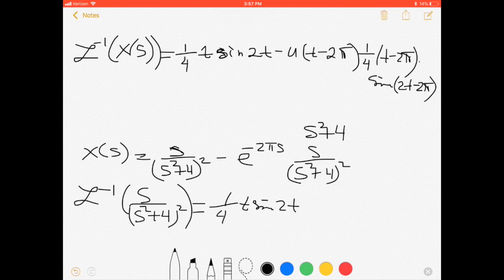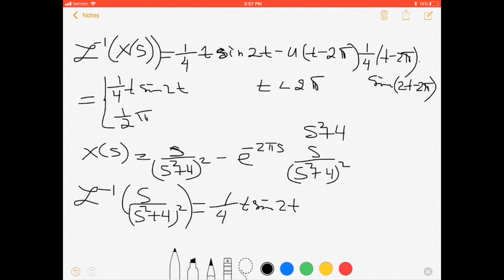We can write finally our function will be 1/4 t sine 2t if t is less than 2 pi and 1/2 pi sine 2t if t is greater than or equal to 2 pi.